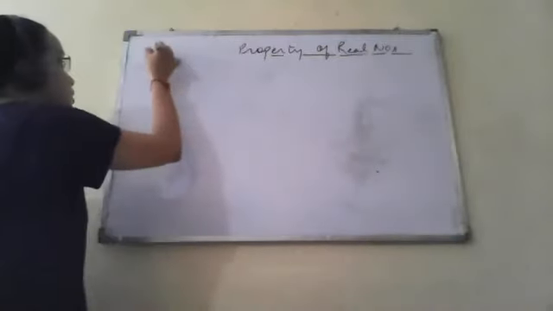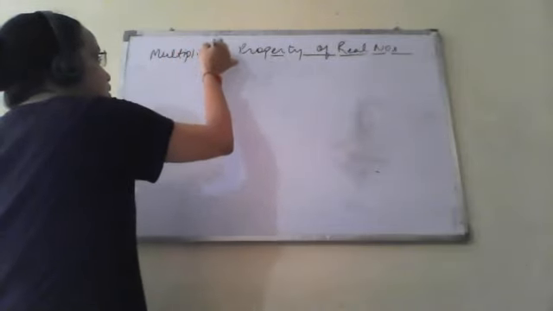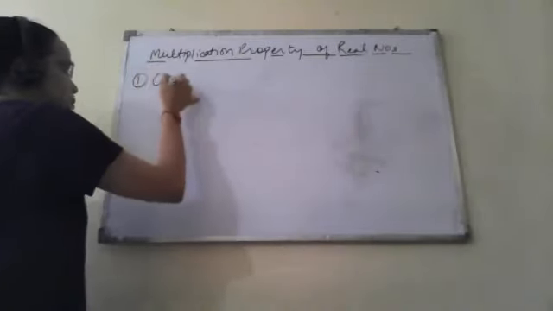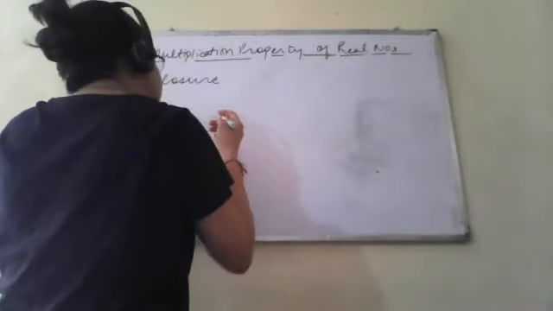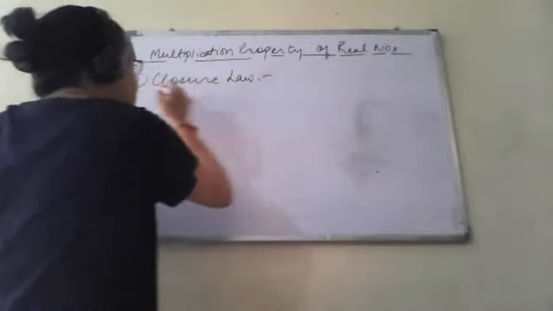These are the multiplication properties of real numbers. First is the closure property, as we studied in case of addition properties, closure law, or you can say closure property.